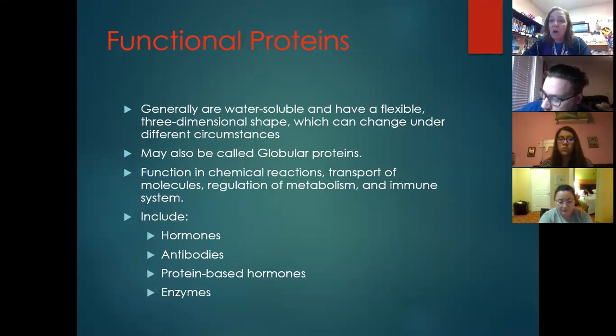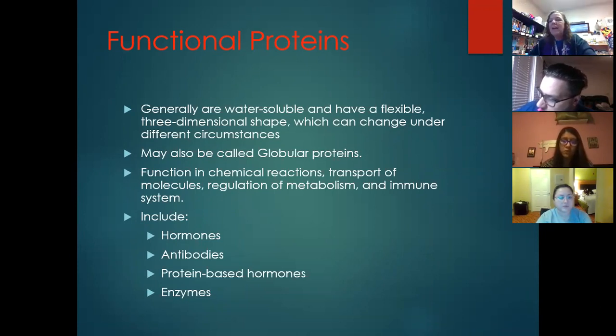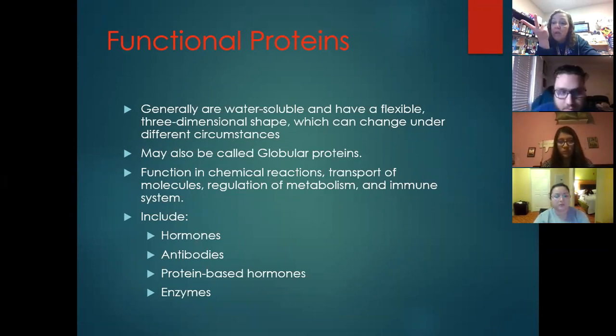Then we have something called a functional protein, which by definition has some sort of function in the body. Hence the name. Finally, somebody got an easy name for us. Some of these functional proteins include hormones. Now, when I say the word hormone, you probably immediately go to the two hormones that you're most familiar with: testosterone, estrogen.